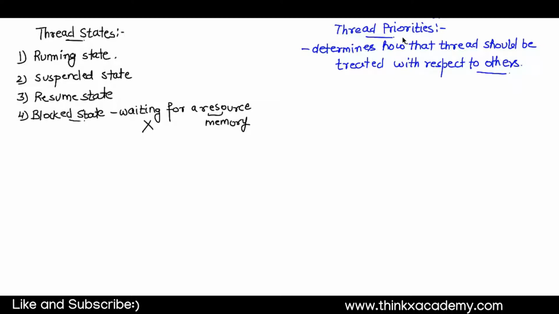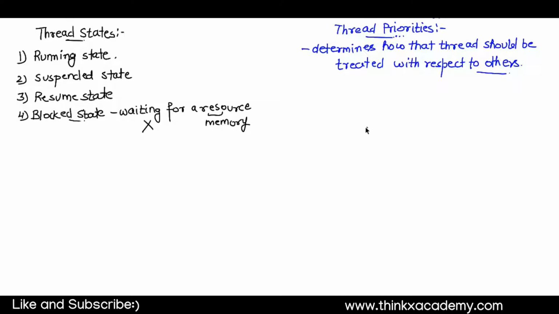This will be useful in a lot of cases, because if a program contains some parts, we might need to assign priority. A higher priority means that that thread will be executed before any other thread. So this is known as thread priorities.